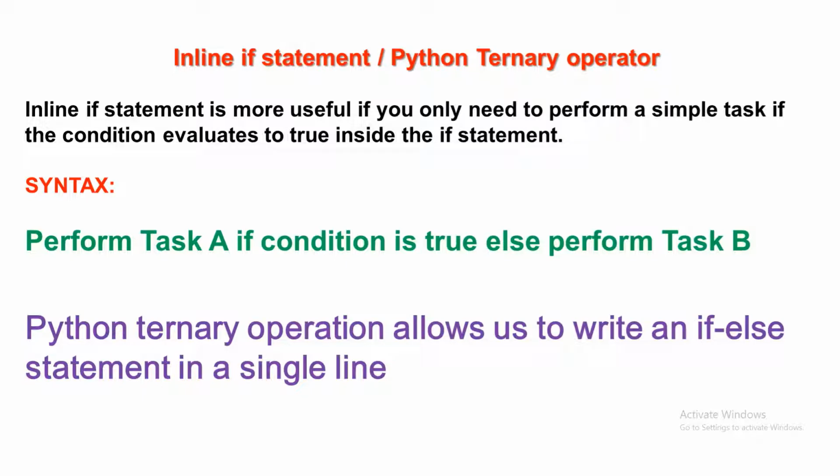The syntax of this Python ternary operator is task A, if keyword followed by condition, and then the else keyword followed by task B. That is, perform task A if the condition is true. If the condition is false, then perform task B. So we will see about that with an example.